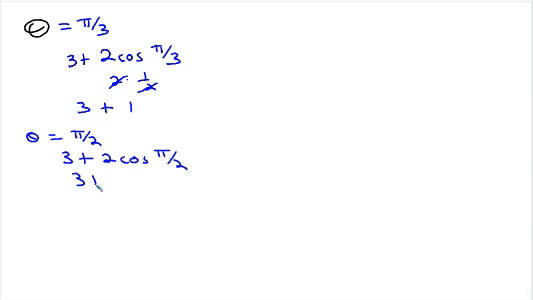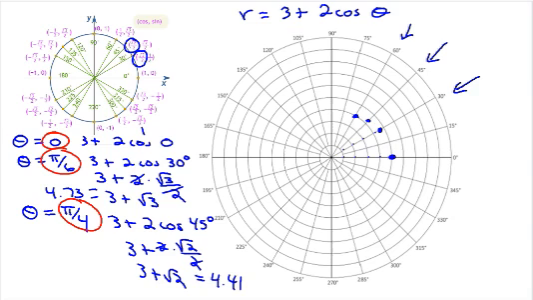So this is 3 plus 0, so we're back to 3. So when my angle is pi halves, which is 90, I'm right on the line 1, 2, 3, like that. And then we keep going.